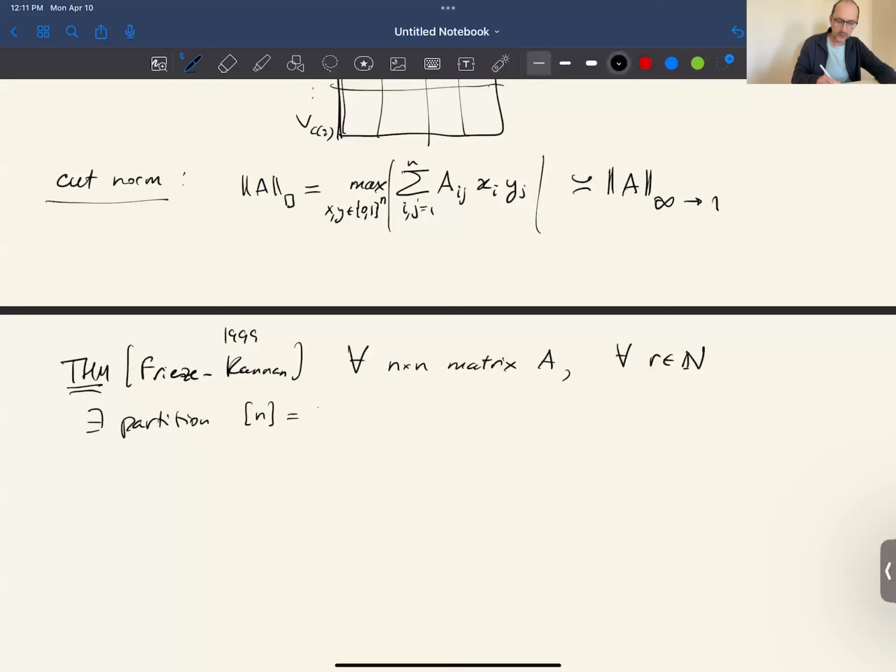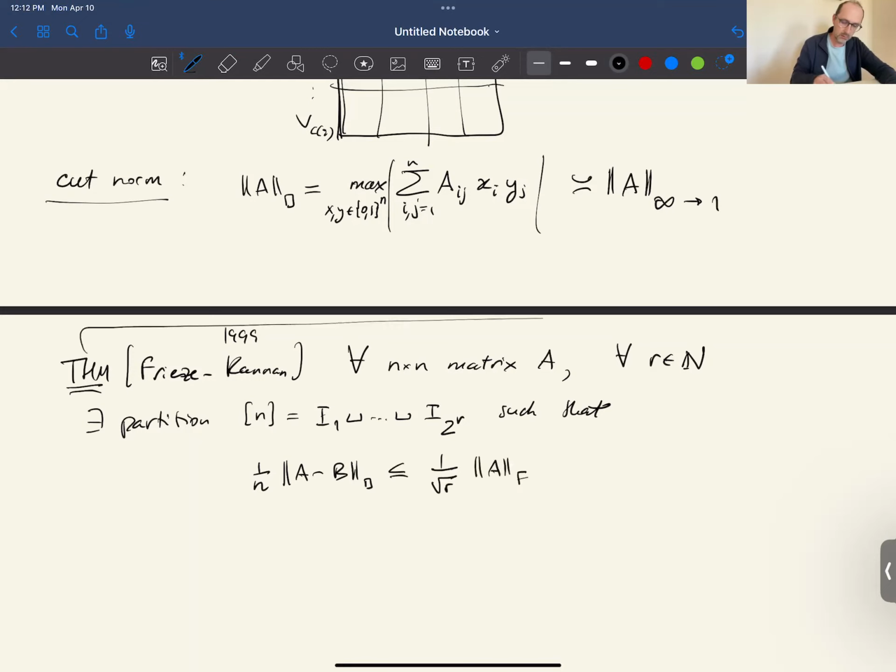Here we're just decomposing this set of indices, denoting our vertices, into 2 to the r parts, such that the error in the cut norm, let me normalize it by 1 over n, is less than 1 over root r times the Frobenius norm of A. Okay, that's what they get.